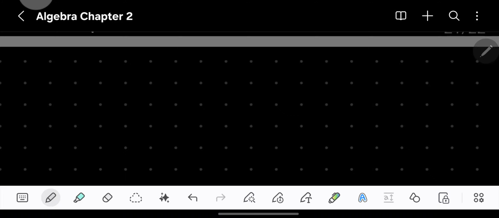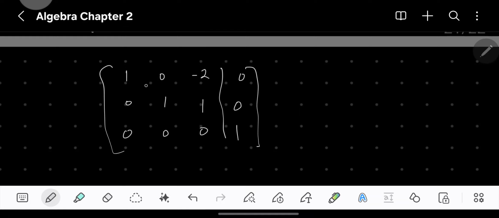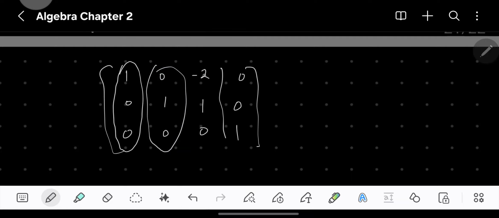Suppose 1 0 minus 2, 0 1 1, 0 0 0, and here we have 0, here we have 0, here we have 1. You can check this column has pivot entry, this column also has a pivot entry, this column doesn't have a pivot entry.